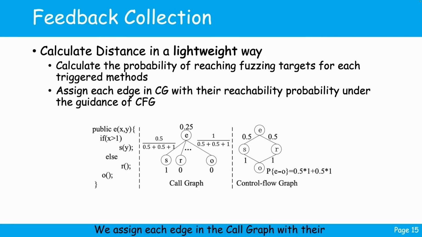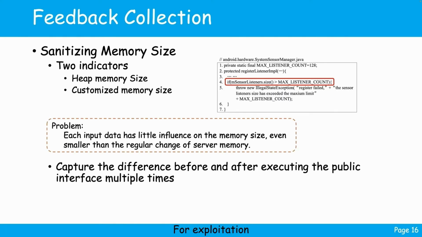We assign each edge in the call graph with their reachability probability under the guidance of CFG, and use the probability as the distance. For exploitation, we focused on 2 types of memory resources, which are heap memory size and the size of some container objects with customized checks, as shown in the figure.